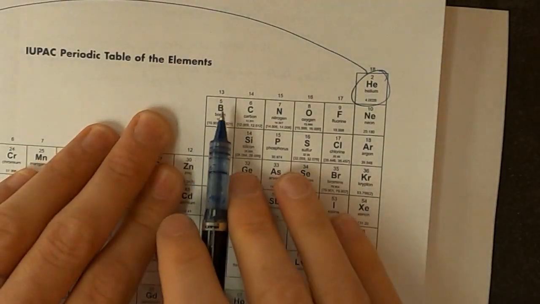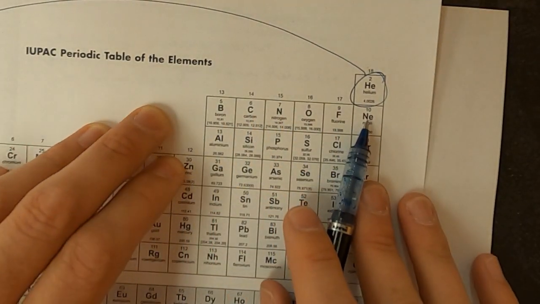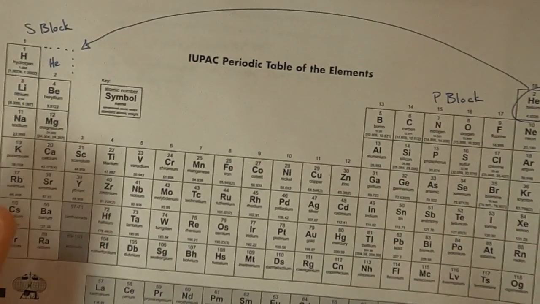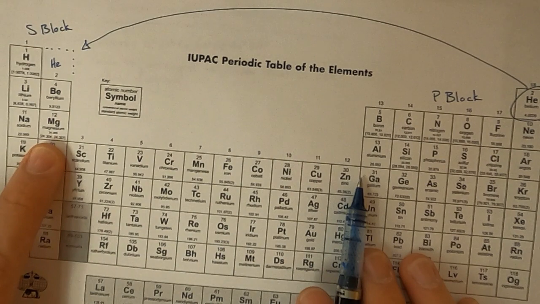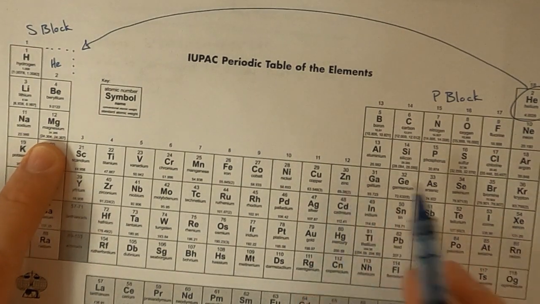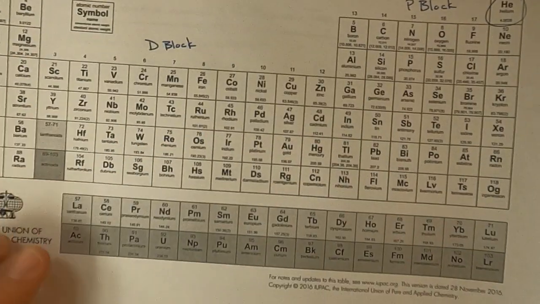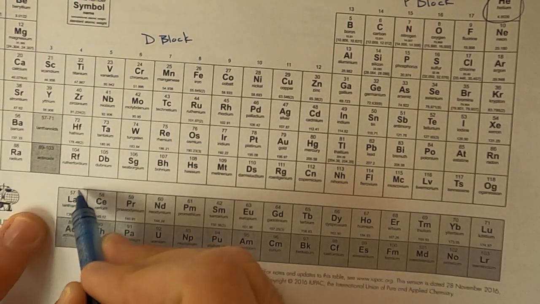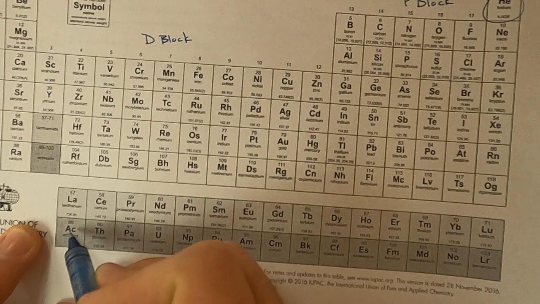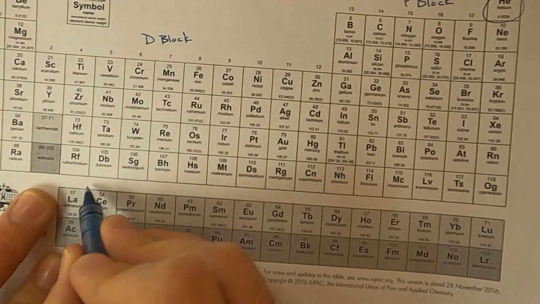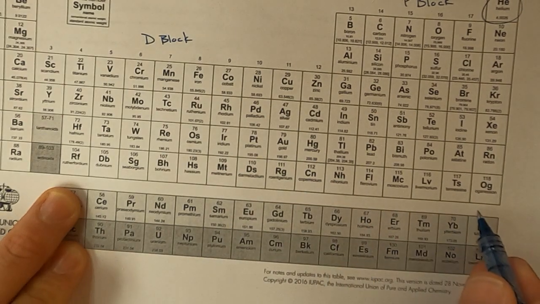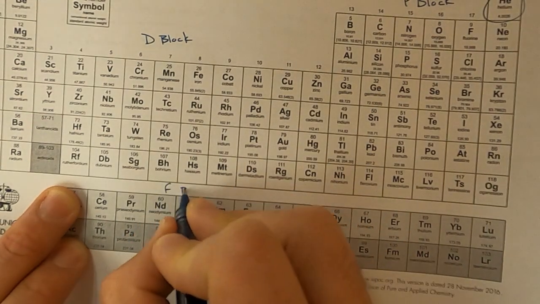This part of the periodic table is 6 elements wide, and it is referred to as the p block. This part of the periodic table that is 10 elements wide is referred to as the d block. And this part of the periodic table that is inserted here, lanthanum and actinium should go here and here, in which case, starting with cerium and thorium, we would have 14 elements wide, and this is called the f block.